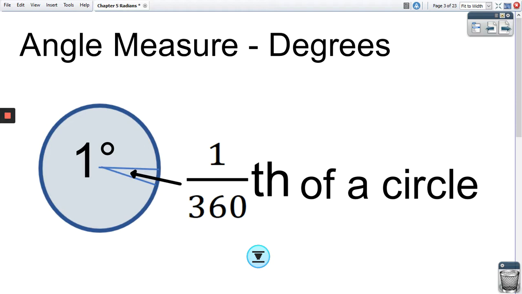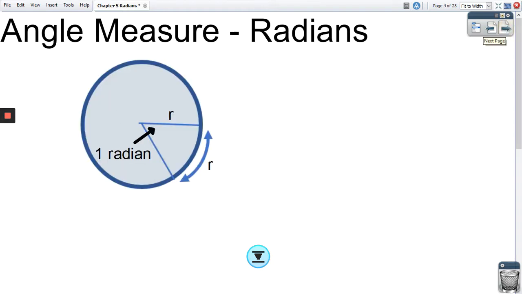We need another way of measuring angles, a more mathematical way, and the way that we're going to do this is with radians. The way that we define 1 radian is this: if you've got a circle and you take its radius and go out to the circumference, and then you draw its radius along its circumference, the angle that you have turned through is 1 radian.